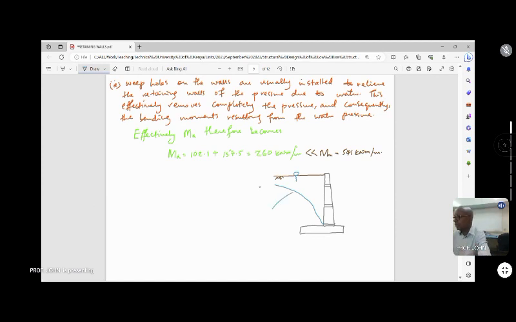So the water table forms a curve due to the introduction of weep holes. So the water doesn't push the wall anymore.